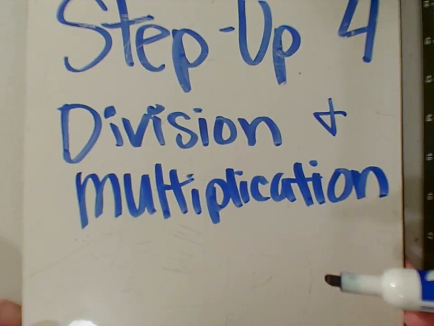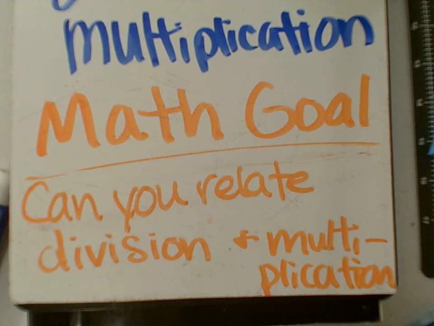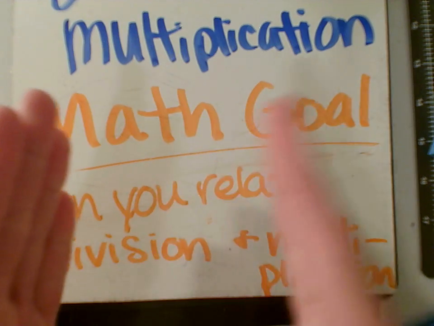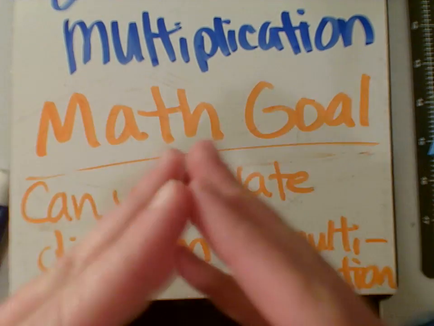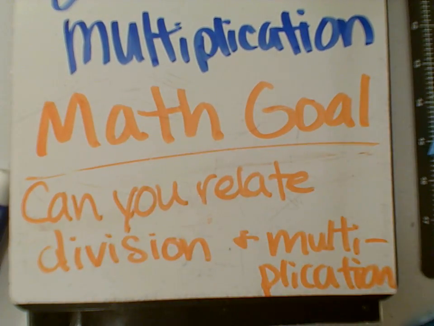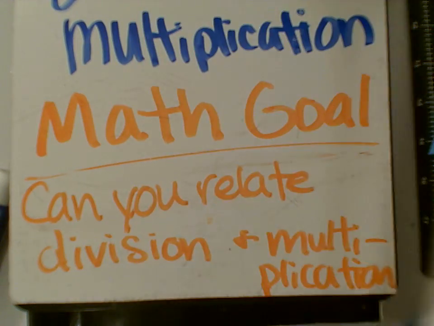Today's math goal is to see if you can relate division and multiplication. So what this means is we're going to see if you can relate division to multiplication and see how they work together. I introduced this a little bit yesterday, but we're going to continue practicing in our packet today.